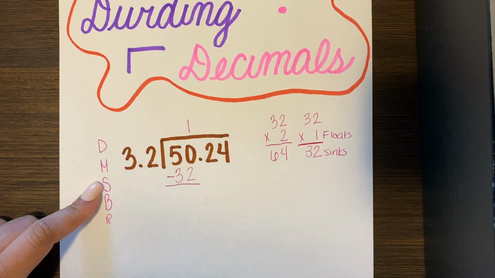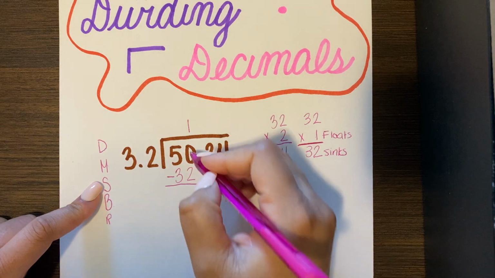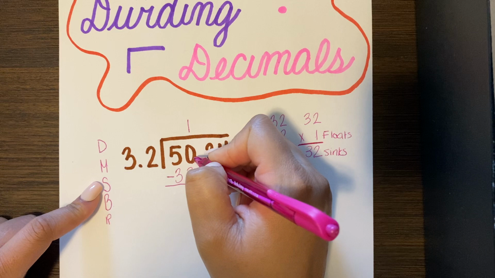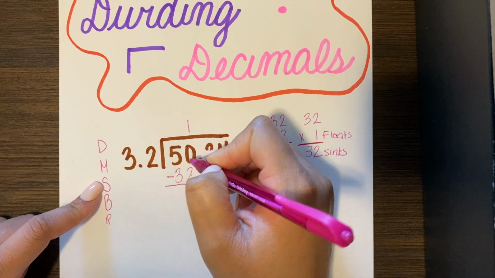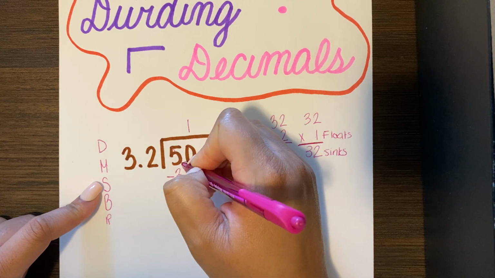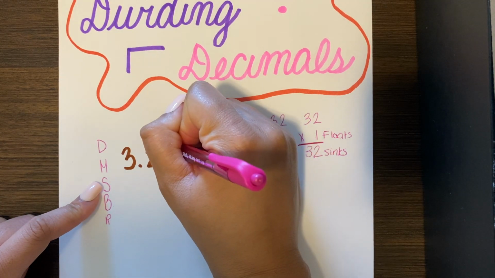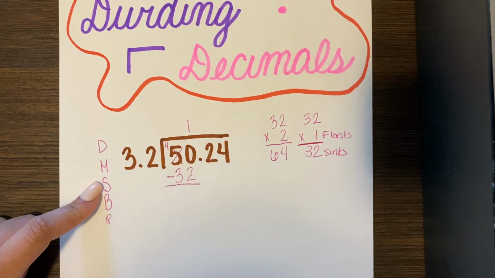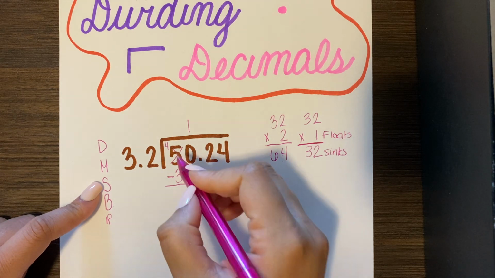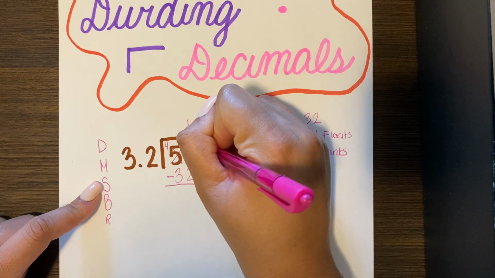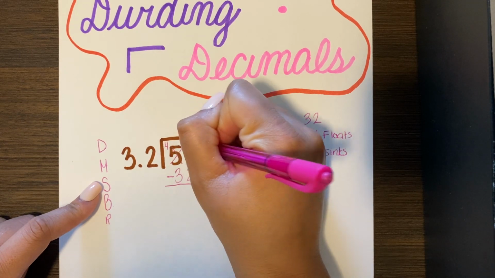50 minus 32. 0 minus 2, we cannot perform that operation. 0 is smaller than 2. So we're going to borrow from the 5. We're going to turn that 5 into a 4. And I'm going to put the 4 up in the corner over there. So if I borrow a 10, that's going to turn this 0 into 10.